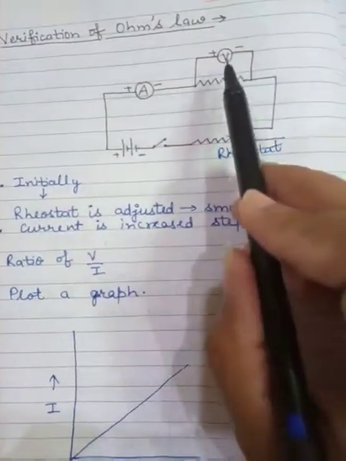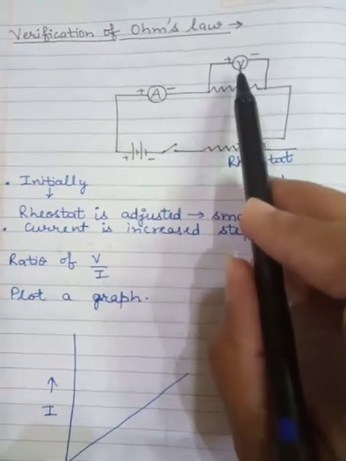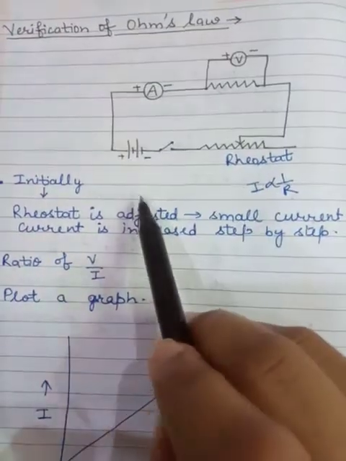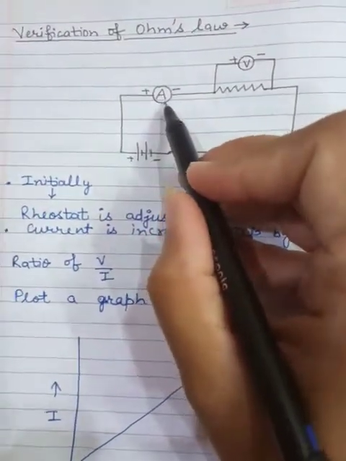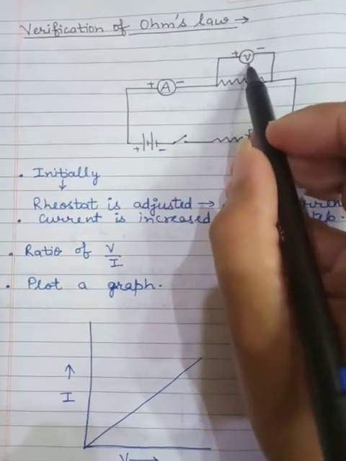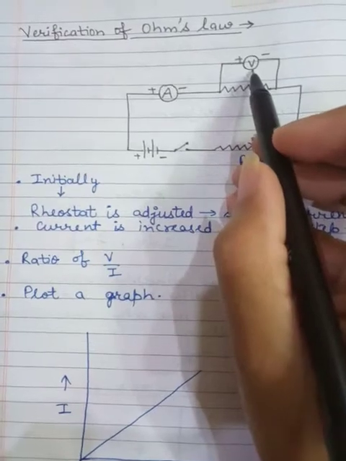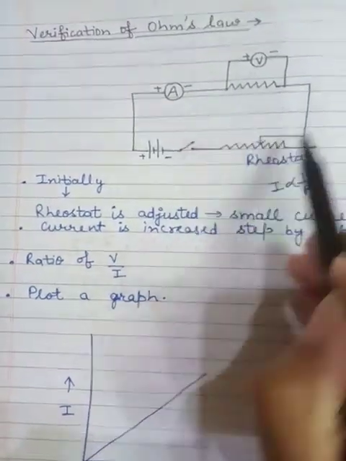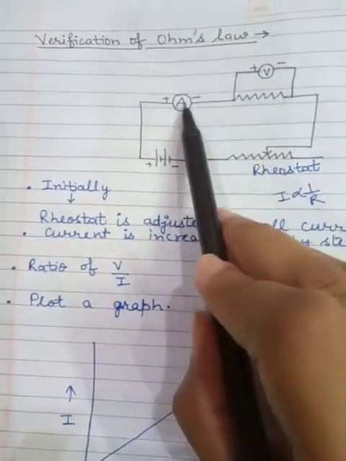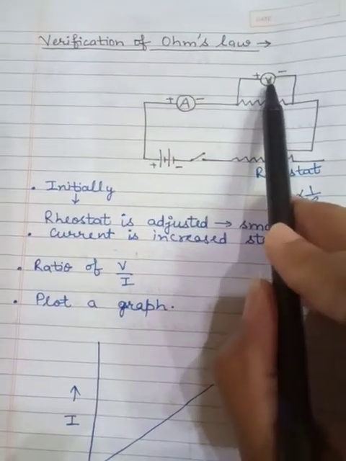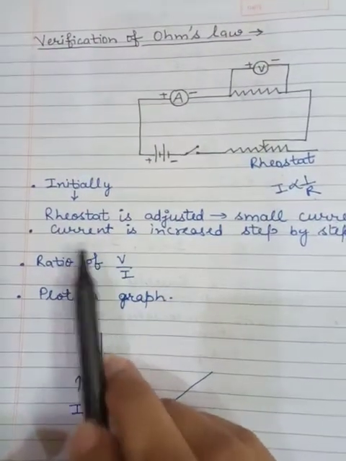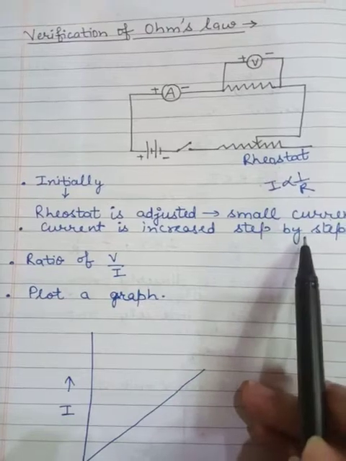Then we will take the readings from the voltmeter and ammeter. Ammeter provides the reading for the current and voltmeter provides the reading for the voltage, or we can say potential difference. Once we get these A and V readings, secondly the current will be increased step by step.